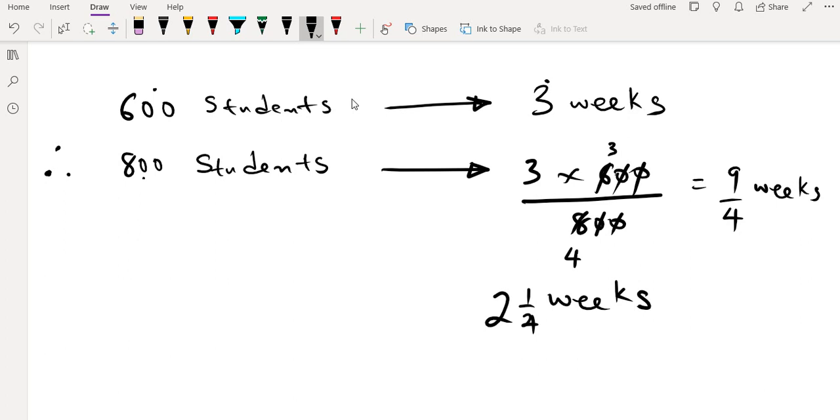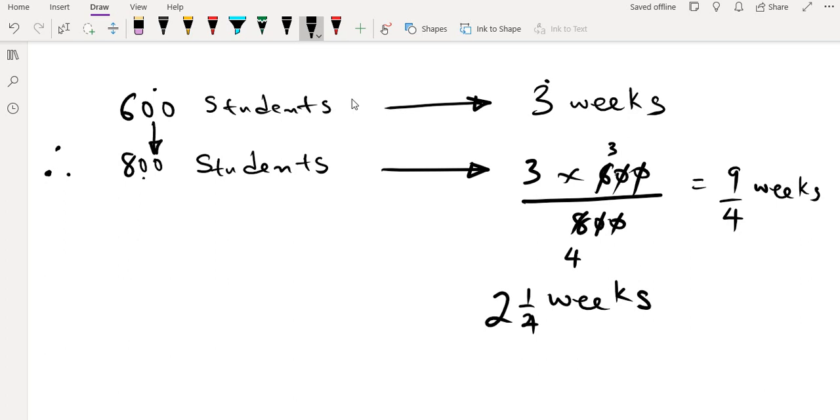Why is this indirect proportion and not direct? Yes, the students increase.